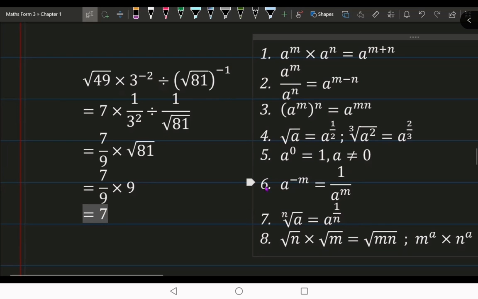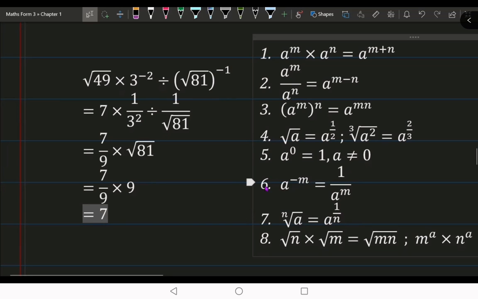You need to inverse: 1 over 25, no more negative anymore, to the power of 3 over 2. Negative no more because it is 1 over already. After that you are going to divide by 1 over this one, also inverse again. You need to inverse again. How to inverse? 1 over, no more negative, 1 over 625 to the power of 1 over 4.